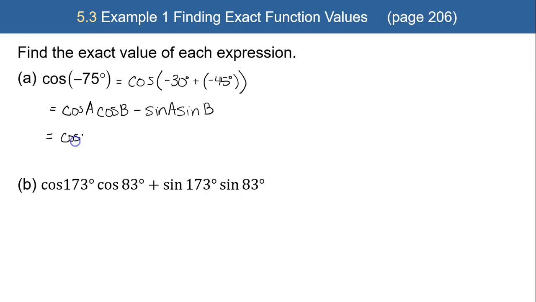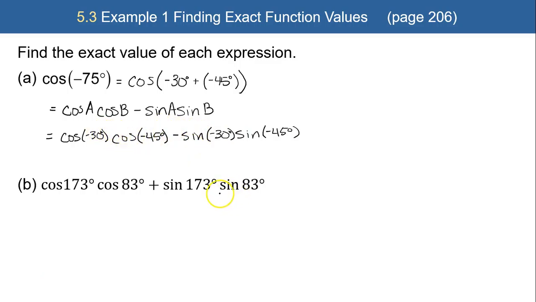So cosine of negative 30, cosine of negative 45, minus sine of negative 30, and sine of negative 45. All of these are degrees.